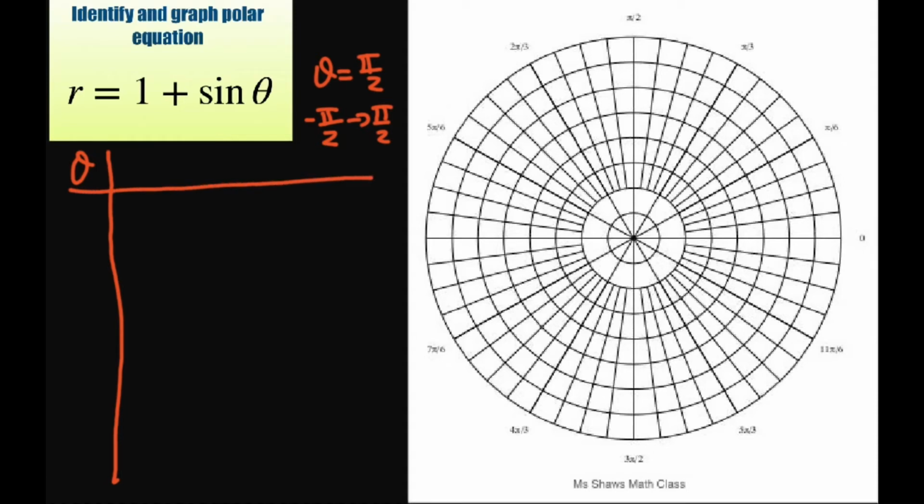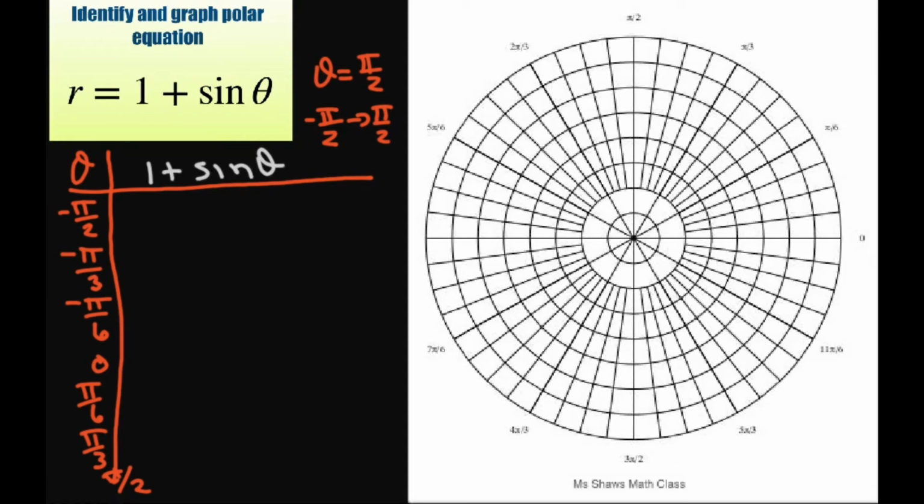We have negative pi divided by 2, negative pi divided by 3, negative pi divided by 6, 0, pi divided by 6, pi divided by 3, and then pi divided by 2. And then we have 1 plus sine of theta.